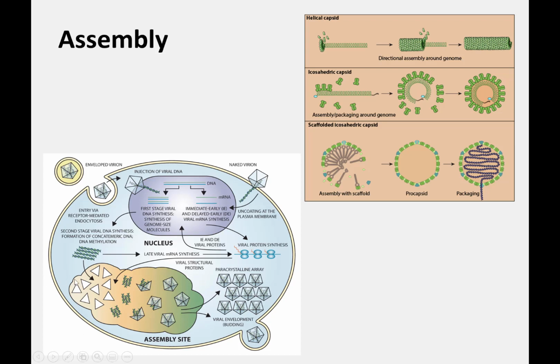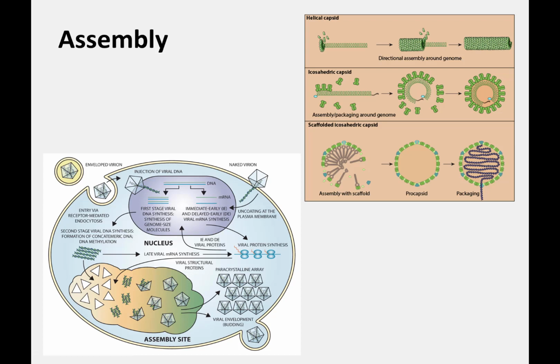There are signals on the RNA that allow for specific encapsulation, but they have found with some viruses that you can just put a whole bunch of capsid proteins into a test tube, and it will spontaneously form virus shells or capsids.